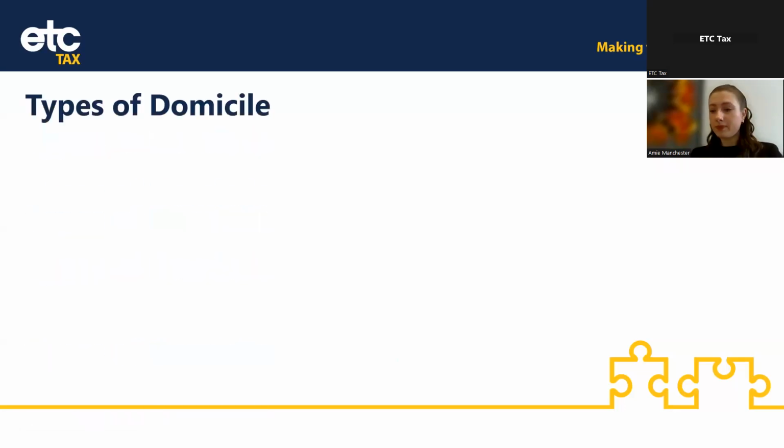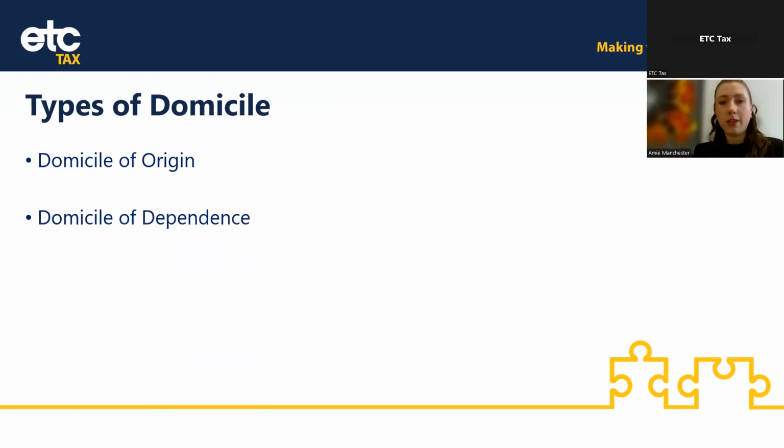Okay. So types of domicile, just looking at these in a bit more detail. We have three types of domicile: domicile of origin, domicile of dependence, and domicile of choice. As I mentioned, everyone has only one domicile, although the domicile can change during their life.